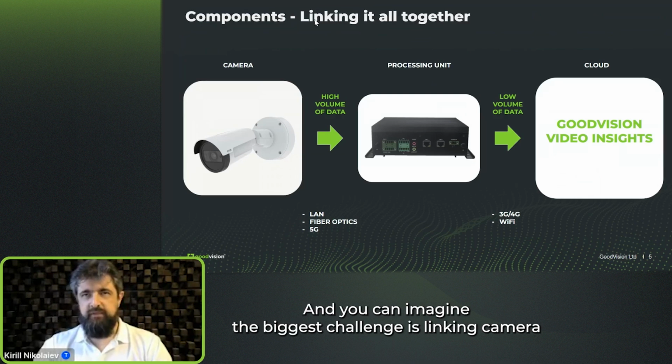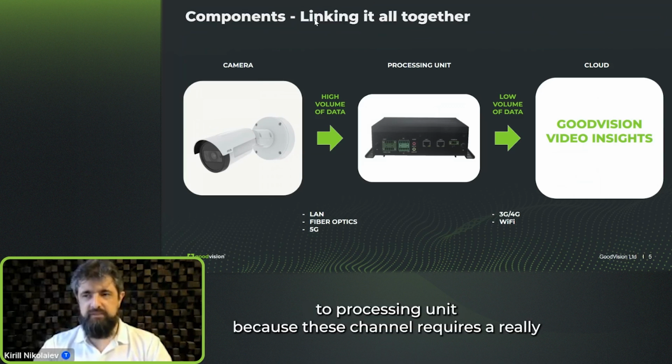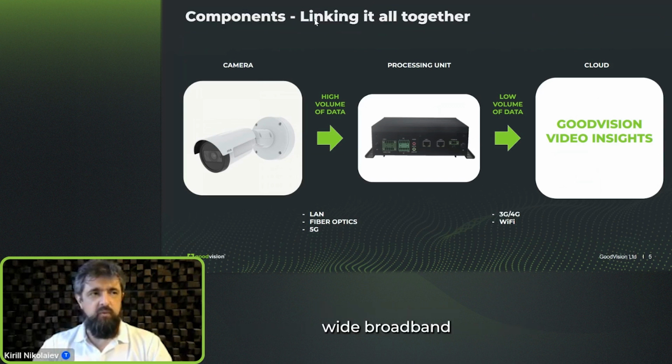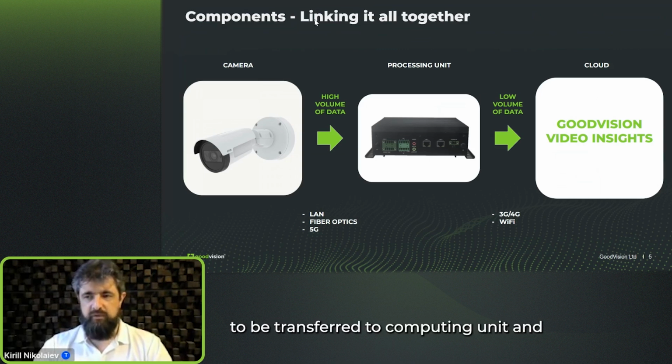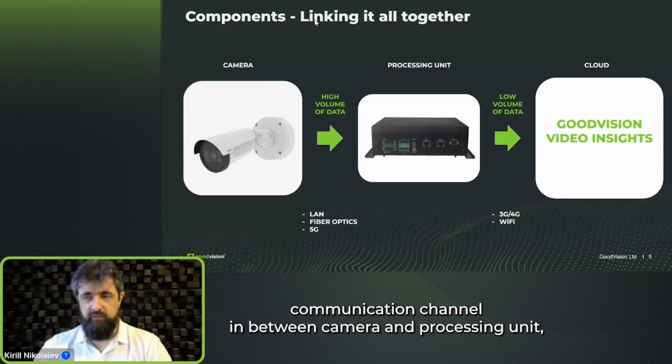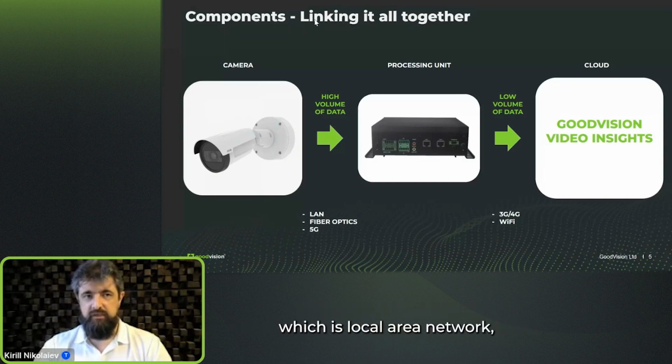And you can imagine the biggest challenge is linking the camera to the processing unit, because this channel requires a really wide broadband. Video requires wide broadband to be transferred to the computing unit. I've listed several options that we think are preferable for this communication channel between camera and processing unit, which are local area network, fiber optics, or 5G.